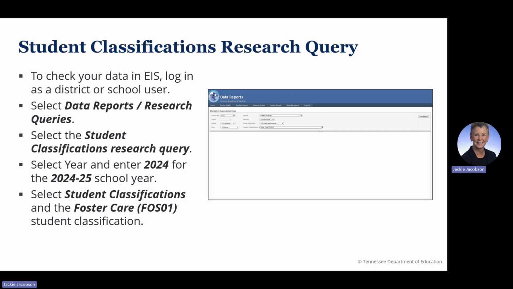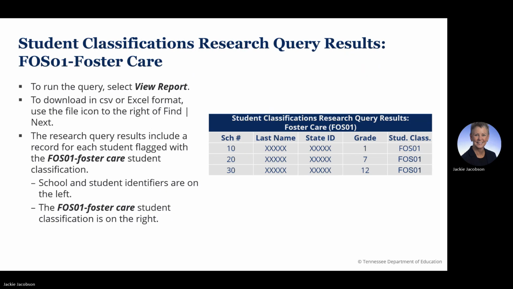Select Student Classifications and the Foster Care Student Classification. To run the query, select View Report. To download in CSV or Excel format, use the file icon next to the right of Find Next.